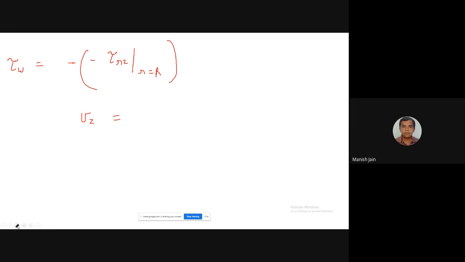This is for the horizontal pipe only. We are solving because fluid is transported through the horizontal pipe, so it is better to calculate the friction factor's value for the horizontal pipe. Vz equals P naught minus PL divided by 4 mu L, times capital R square, times 1 minus r square divided by capital R square. This is the value of Vz.